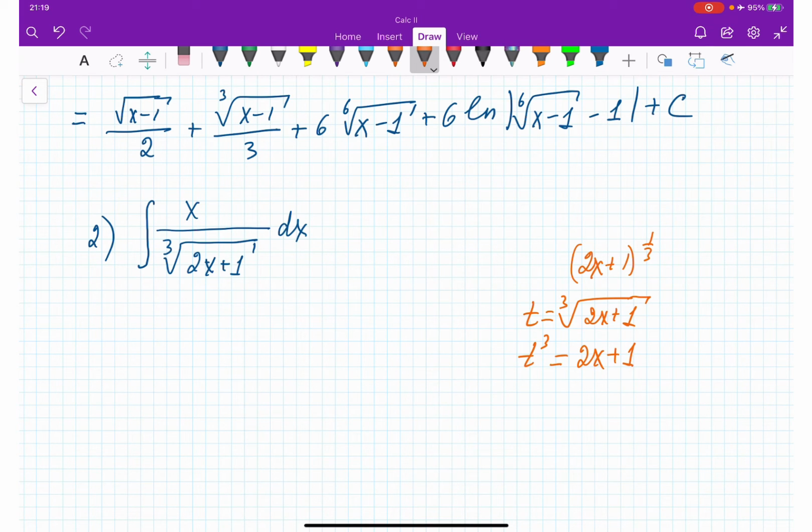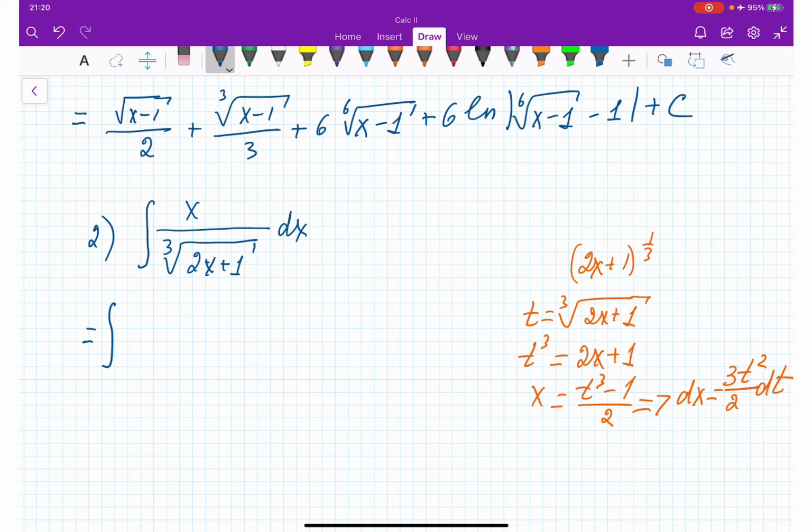So from here, my x is going to be equal to t cubed minus 1 over 2, and dx will be equal to 3t squared over 2 dt. Okay. So what we are getting here, in numerator I have x.